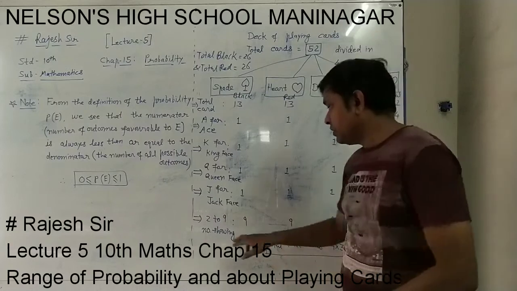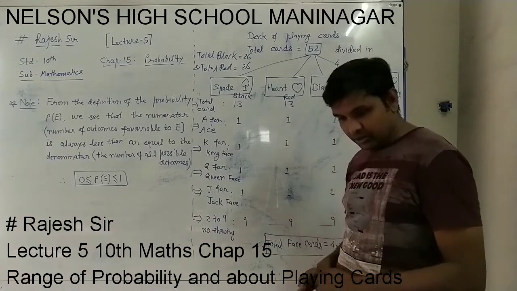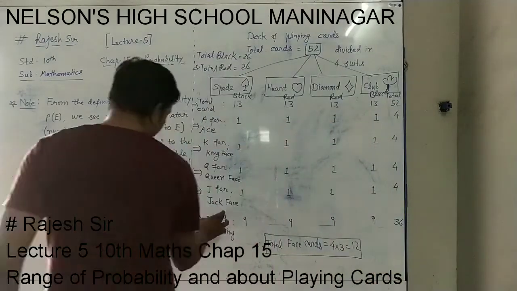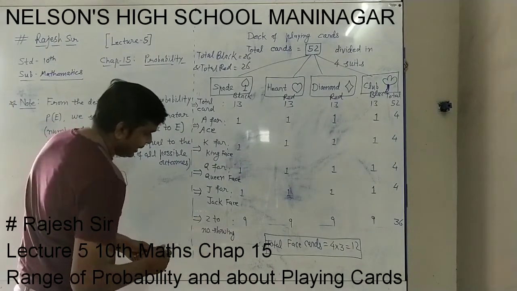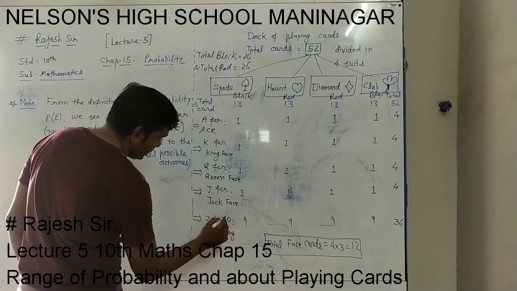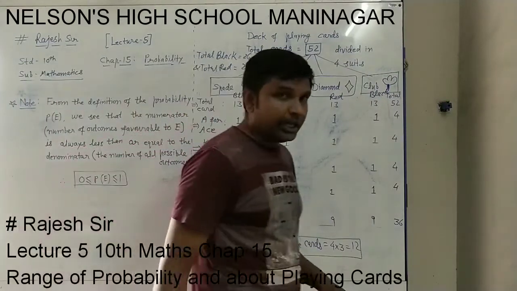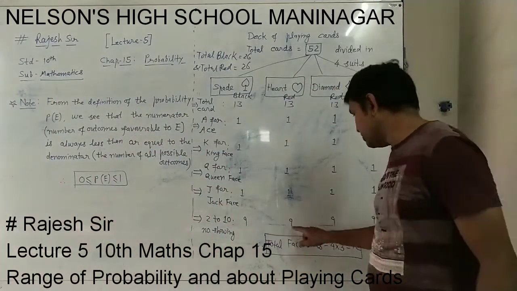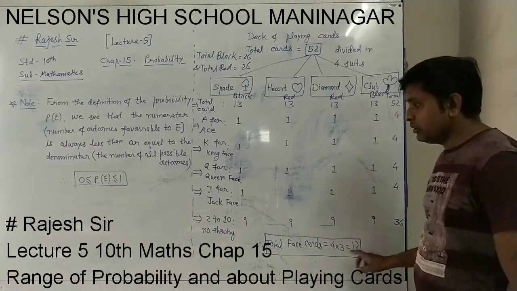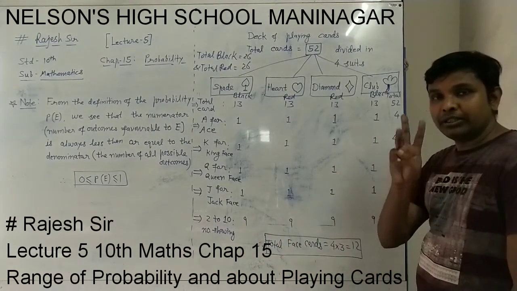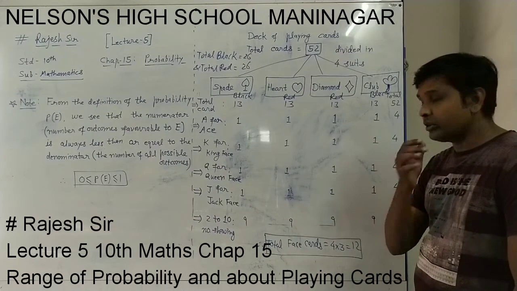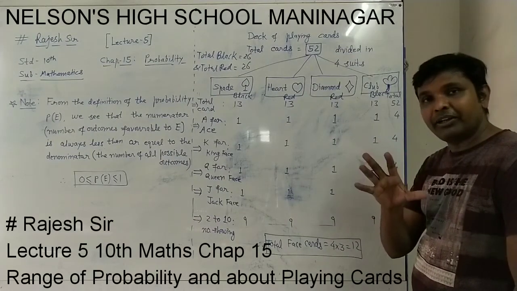The rest of the cards are written with numbers, and that number of leaves also in each shape. 2 to 10 numbers you will find. Those cards will be 9 in each. You will find 2 written, 3 written and 3 leaves, 4 leaves, 5 written, 5 leaves.